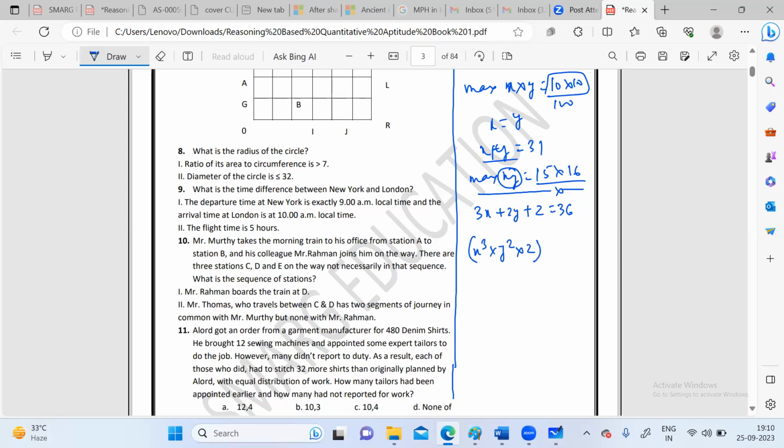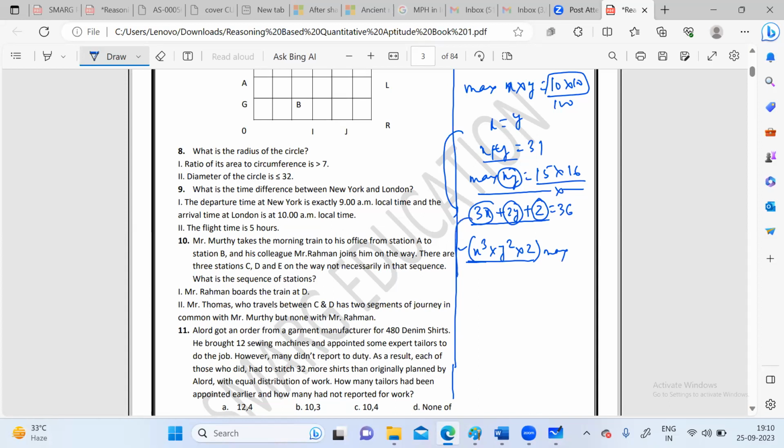If you want to calculate this, you can use the previous concept. Here x is taken thrice, y is taken twice, and z is taken once. The power of x is 3, the power of y is 2, and the power of z is 1.